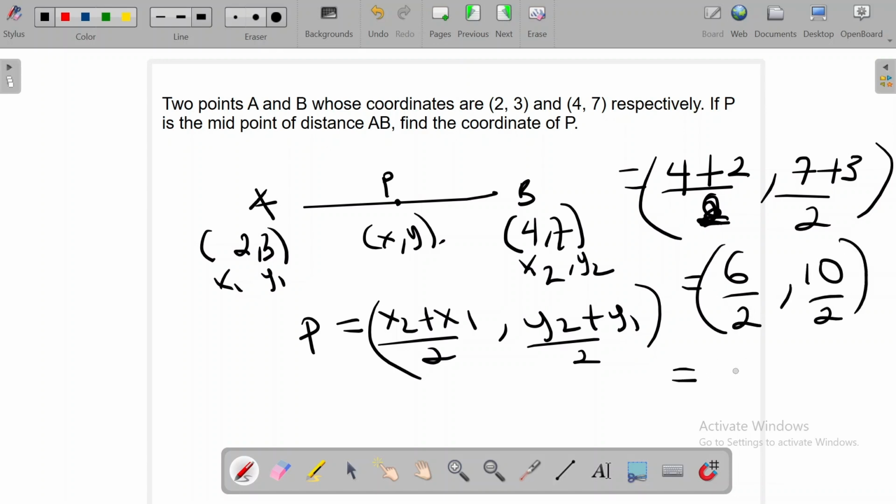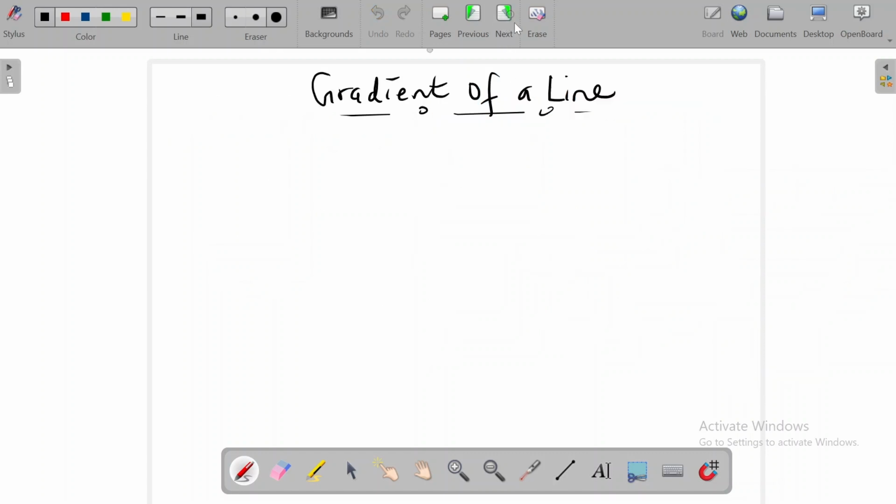So I'll end up with what? 3, 5. So the midpoint between point A and point B, or coordinate A and coordinate B, is 3, 5. As easy as that.